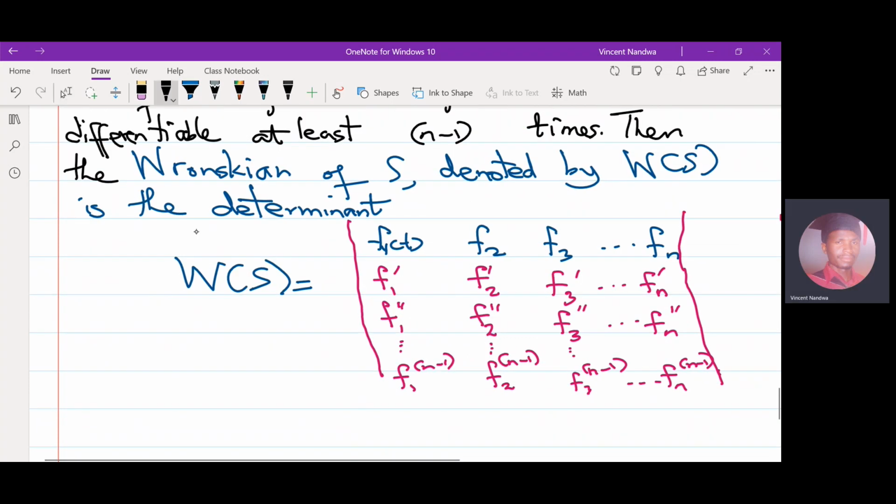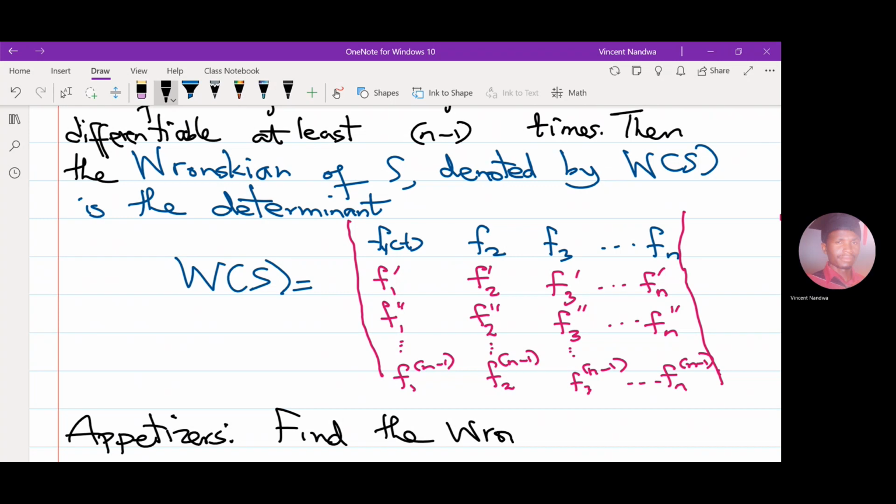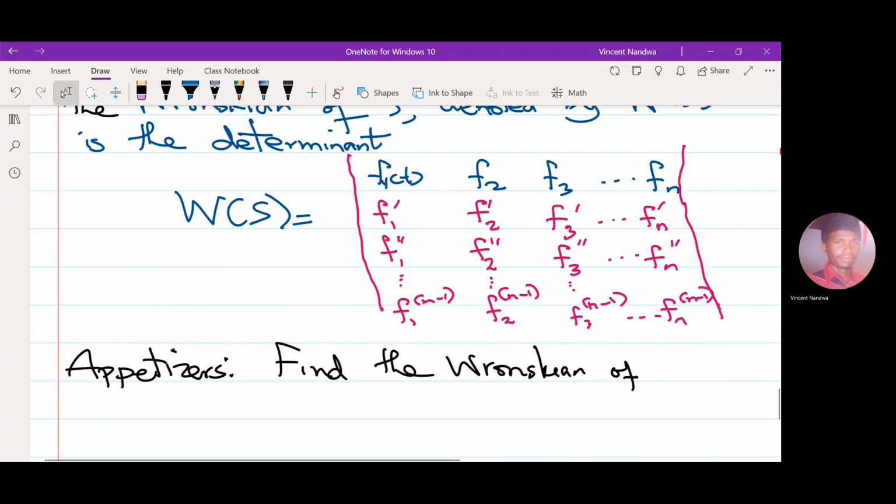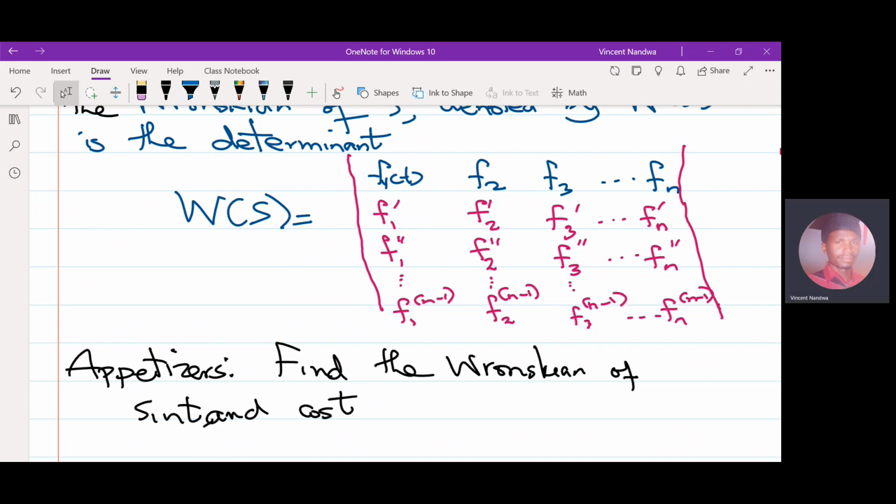So as appetizers, find the Wronskian of sine t and cosine of t.